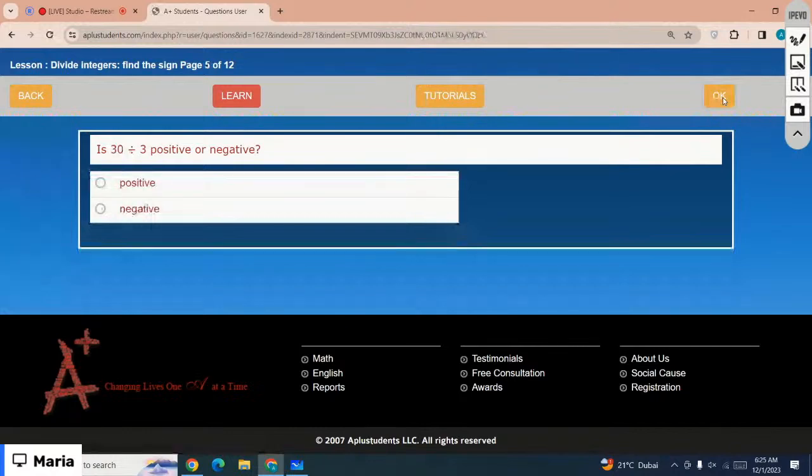Is 30 divided by 3 positive or negative? Which is the correct option? The correct option is both the numbers are positive, so yes, it is positive.